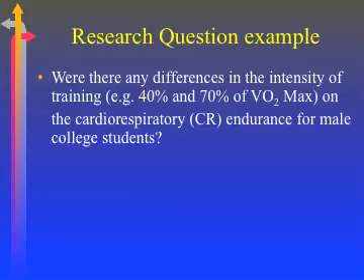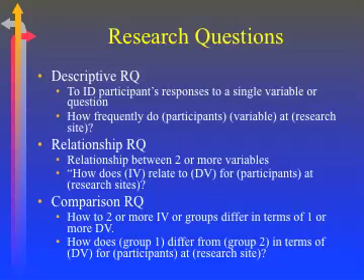So again, our purpose statement was, the purpose of the study was to determine if there were any differences in the intensity of training on the cardiorespiratory fitness for male college athletes. So the research question: were there any differences in the intensity of training on cardiorespiratory endurance for male college athletes? So this is going to be a comparison research question.